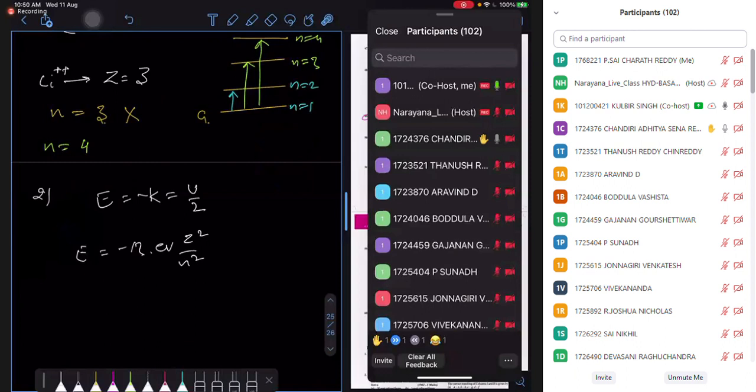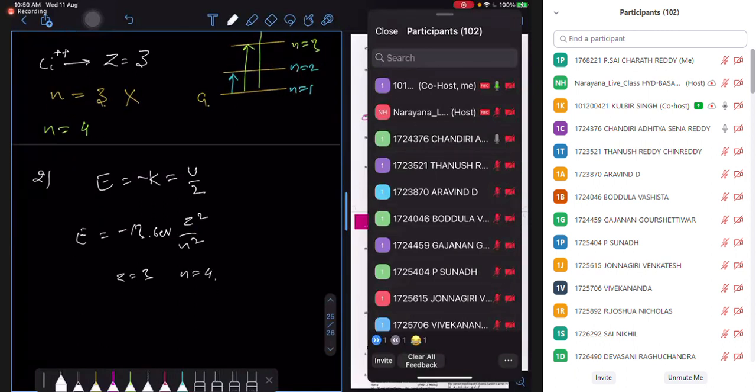So the kinetic and total energy is minus 13.6 Z square by n squared. Z is 3, n value is 4. So what is my kinetic energy? Kinetic energy comes out to be positive 13.6 times Z squared, 3 squared, by n squared, 4 squared.